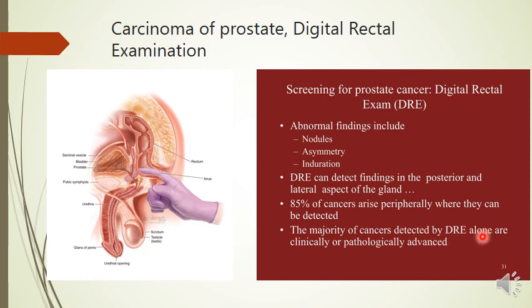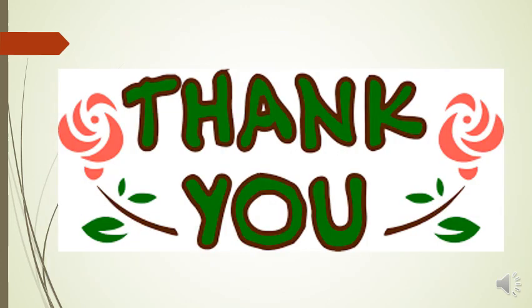And for clinically and pathologically advanced ones, the tissue is taken and then sent for examination, and then the diagnosis is confirmed, right? So this is the digital rectal examination. So these are the clinical points related to the prostate. Thank you.